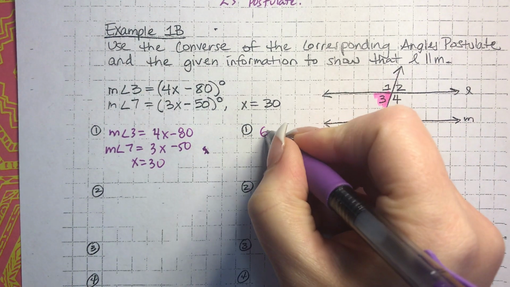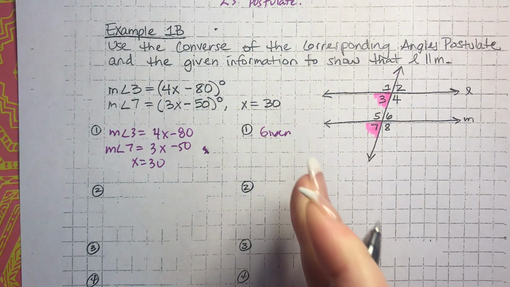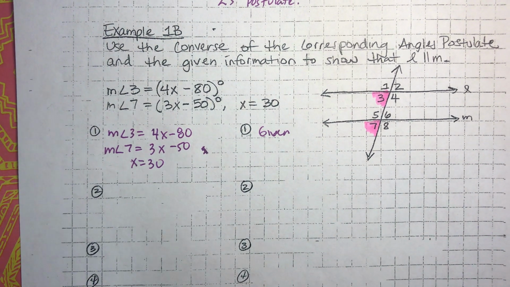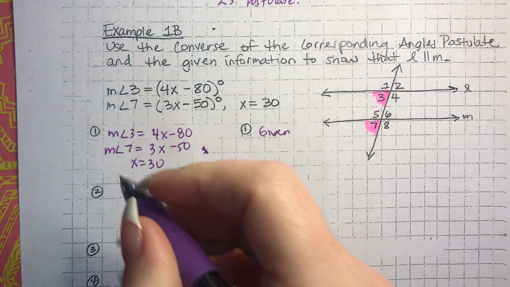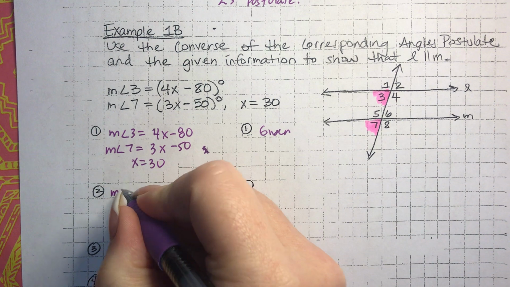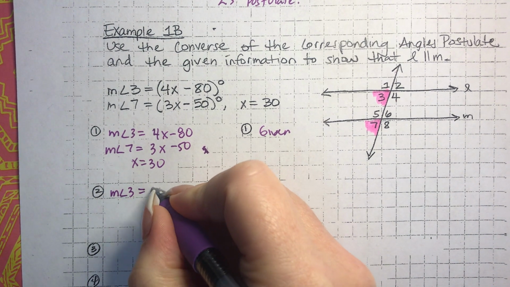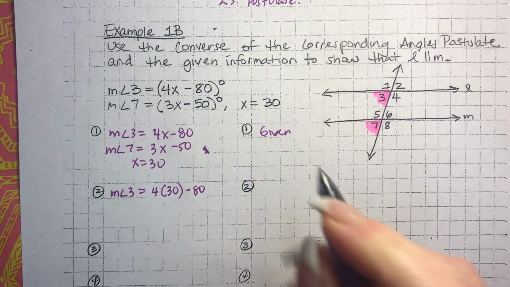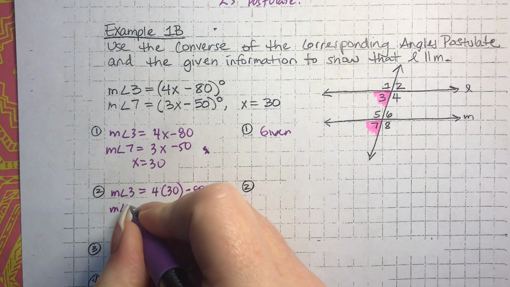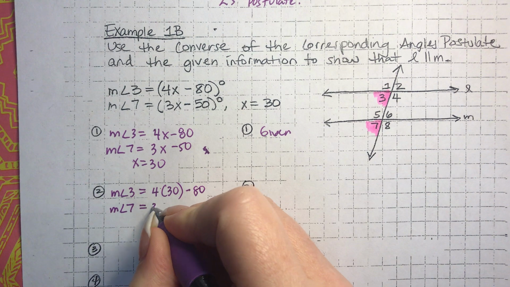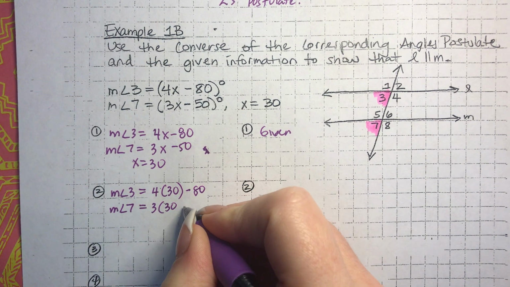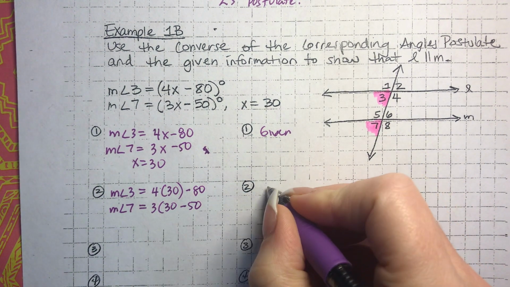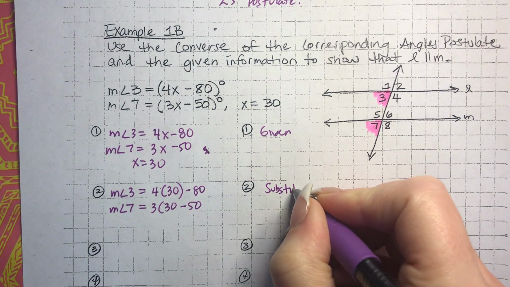This is all just given information. From here, we just substitute x in and see what we end up with. So measure of angle 3 is equal to 4 times 30 minus 80, and I'm going to do measure of angle 7 at the same time: 3 times 30 minus 50. That's just substitution.